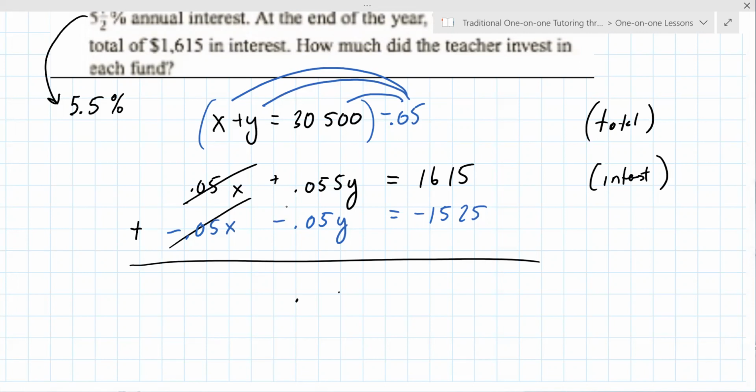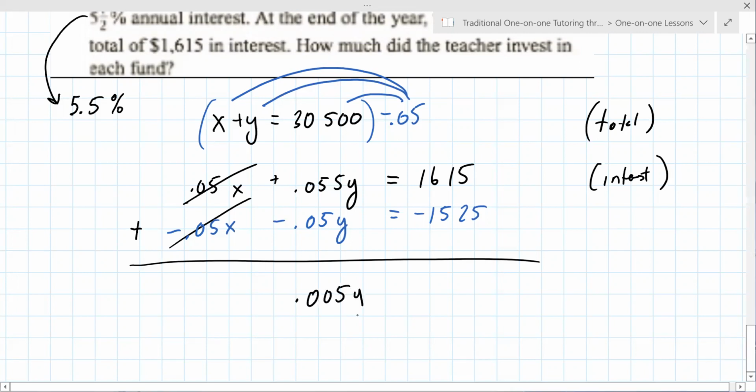Would that be 0.005? Yes. Let me just do the second one real quick. $90. Okay, what's the last step here? Divide both sides by 0.005.